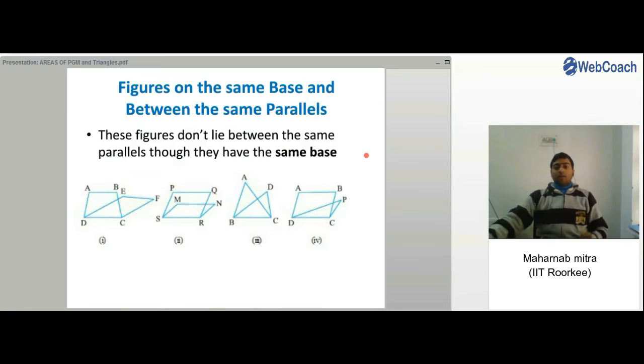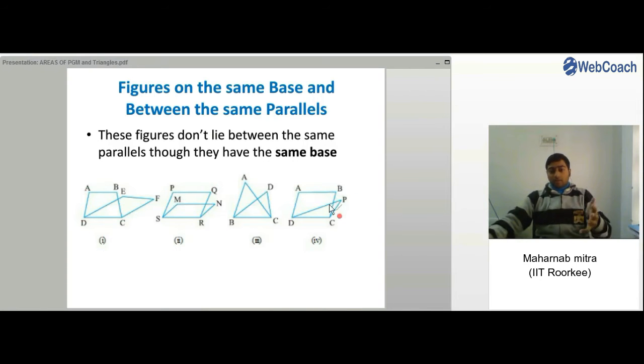And here are some examples where figures have the same base but they don't lie between the same parallels. Like for the first figure, if we draw a parallel line passing through AB, you can see EF is not lying on that parallel line. Similarly, for these two parallelograms PQRS and MNRS, and for these two triangles, you can see they have the same base BC, but if we draw a line parallel to BC through A, you can see D is not lying on that parallel line.